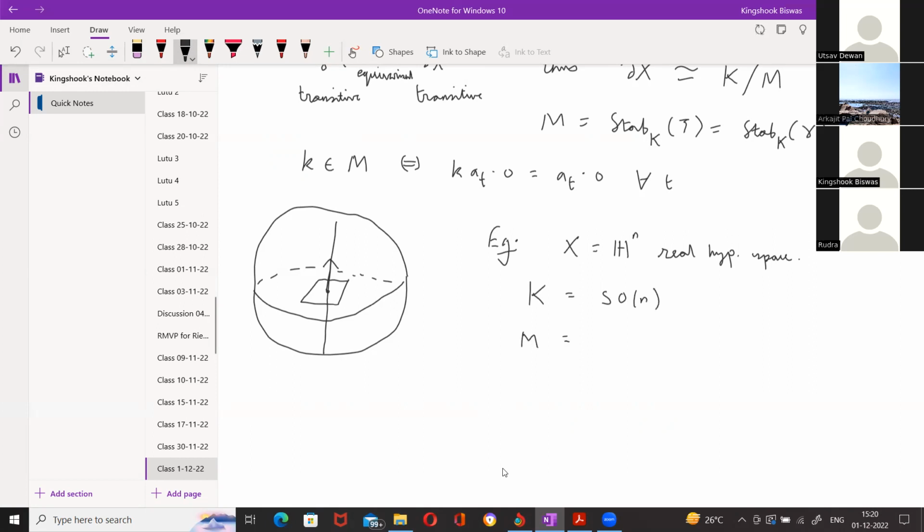Well, this vector is fixed, so it will be SO(n-1). So M will be SO(n-1). These will be rotations around this fixed axis.